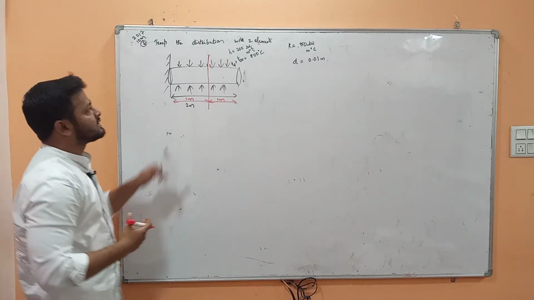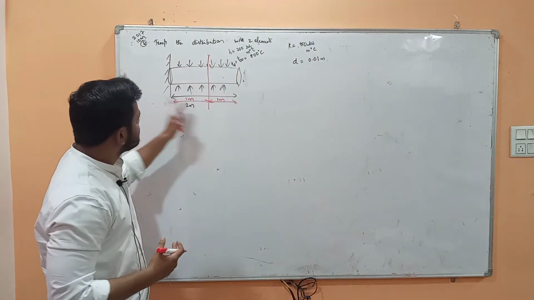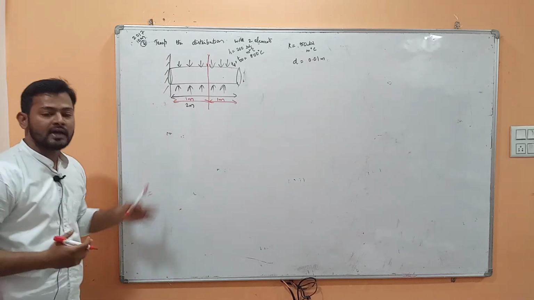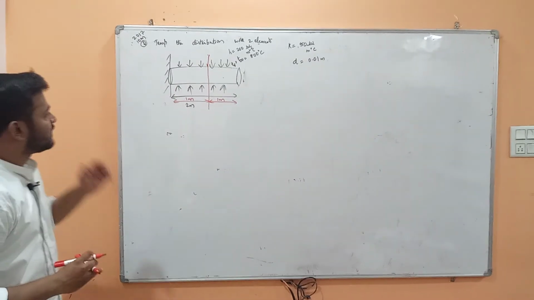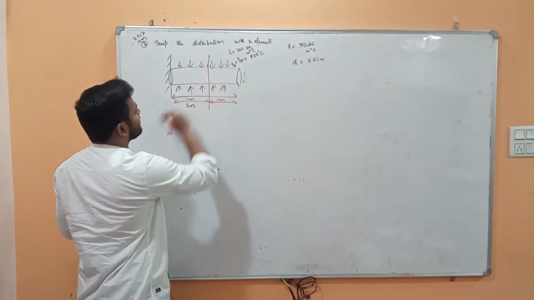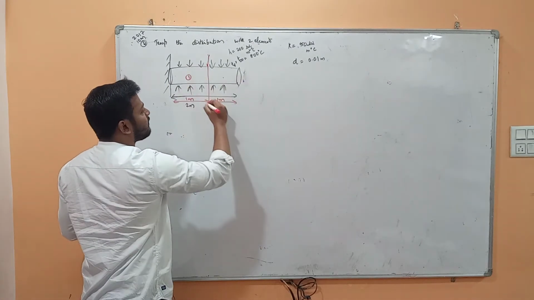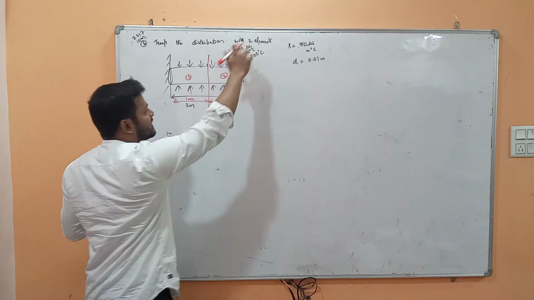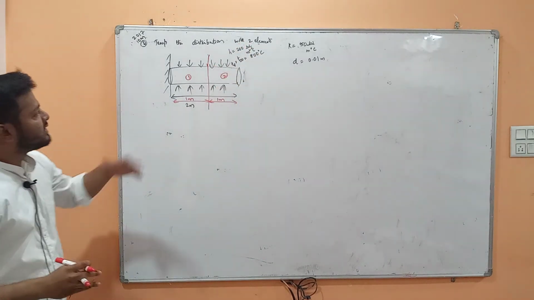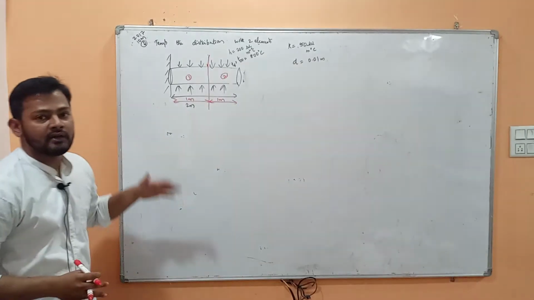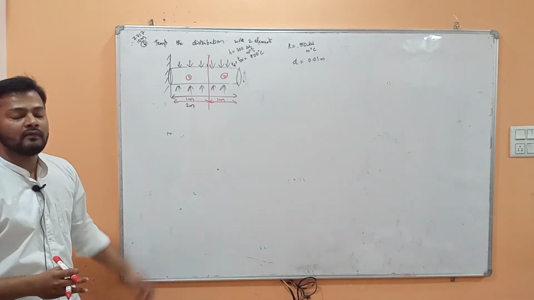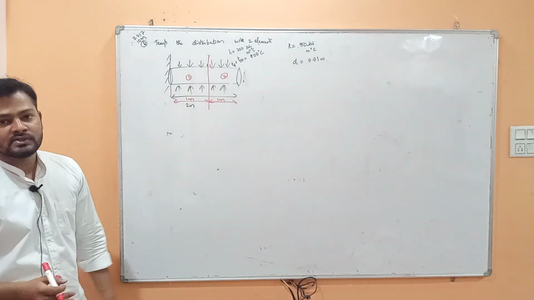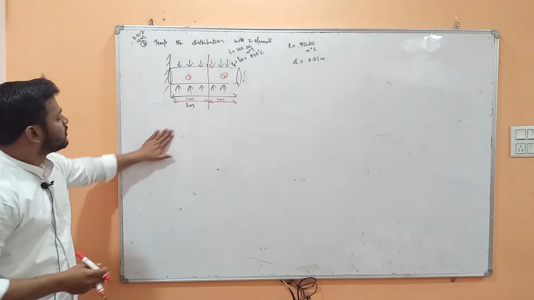Whatever is given in the black pen, and whatever I am adding that has not been given in the question, I am doing with the red pen. So 1 meter I am taking as length of element 1, and the remaining half I am taking as element 2, because clearly in the question he has given us to divide into two elements. If it's not given also, you can divide it into two elements or any number of elements. The problem will become shorter for you.